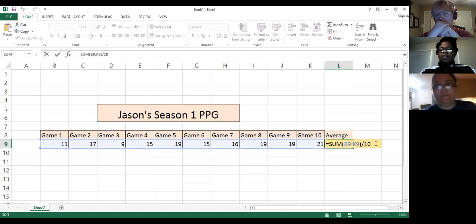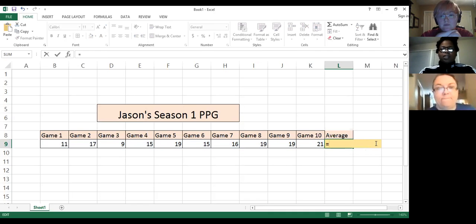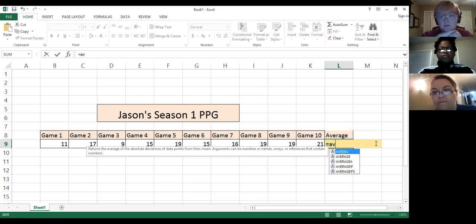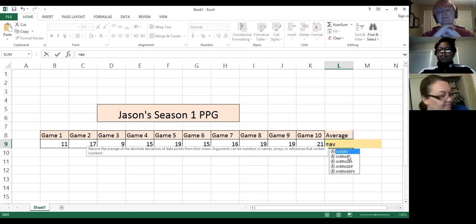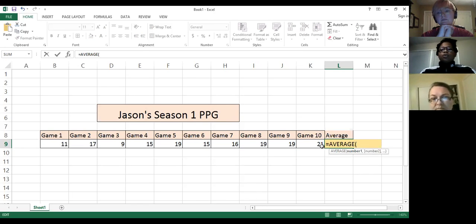Second way, which I screenshotted in detail. If you put an equal sign and begin to write the word average, spell it correctly, not like I did. Double click. It's going to ask you to highlight what you're actually wanting the average of. And it's these numbers here, right?